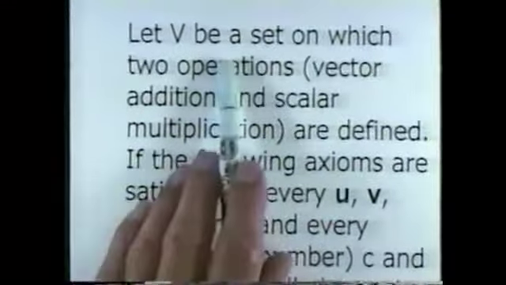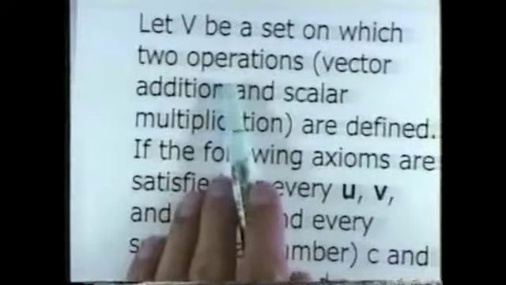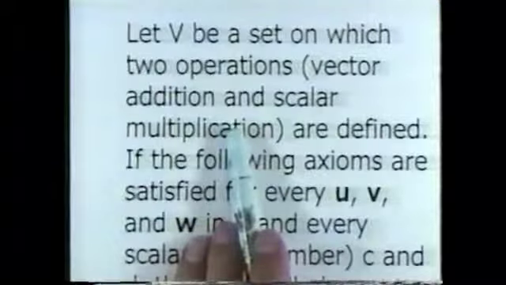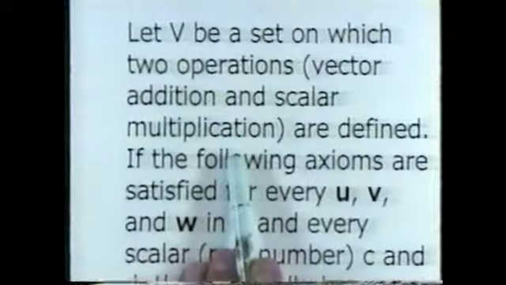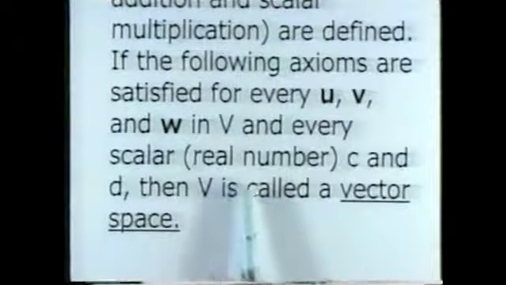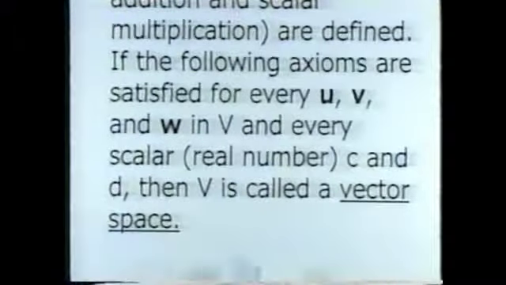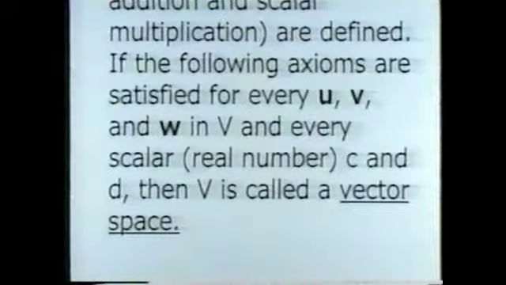So if I have a set of elements that has the operations of vector addition and scalar multiplication defined, and the properties of vectors are true for the elements within the set, then the set is called a vector space.